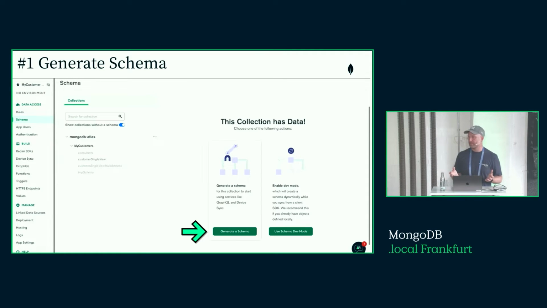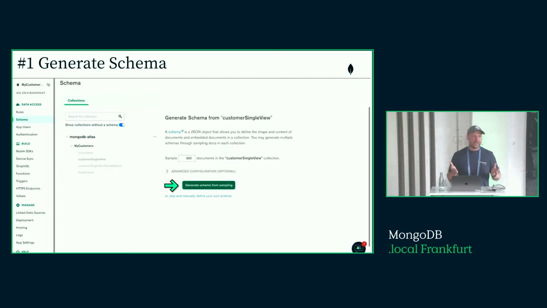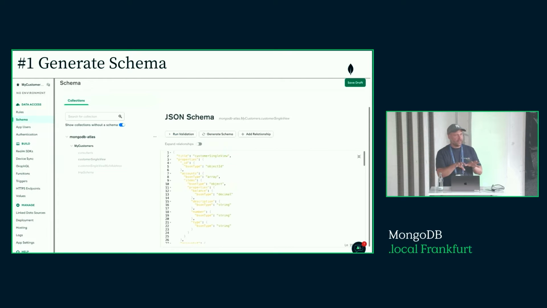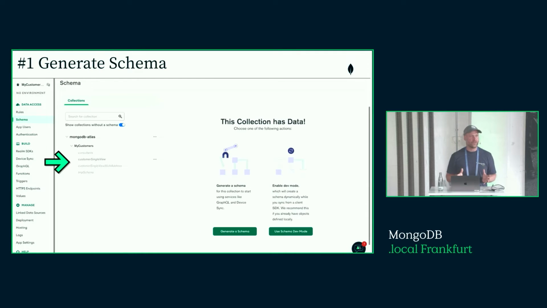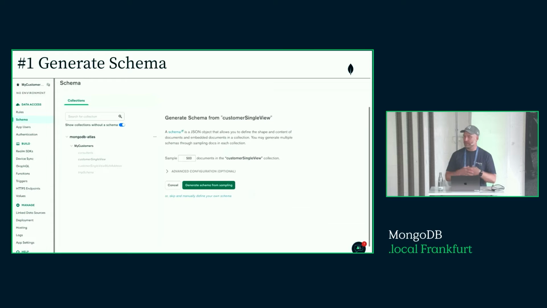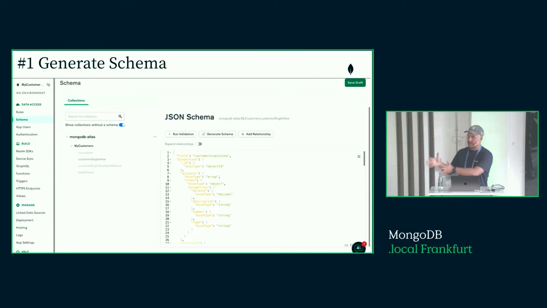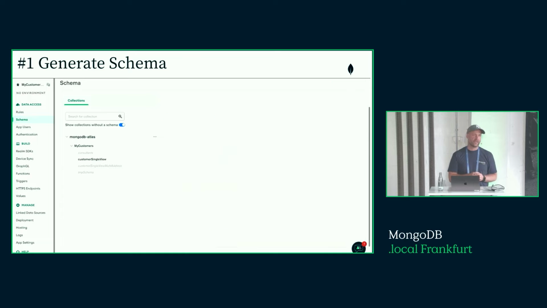And that's it. Of course, this JSON schema ends up in an editor. You can edit it by hand, enhance it, but the heavy typing work is just done for you. You have the schema, and now GraphQL is capable of translating this JSON schema into a GraphQL schema out of the box.